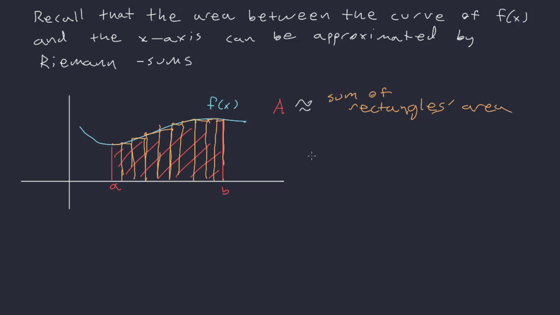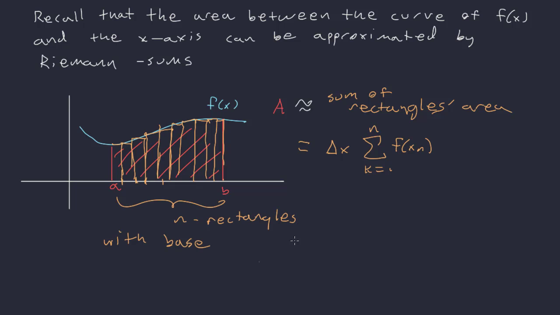Okay? And this approximation is our delta x times some sum of k going from, let's say, 1 to n of f of x sub k, right? Because you would chop this into n rectangles with a base delta x equal to b minus a all over n.